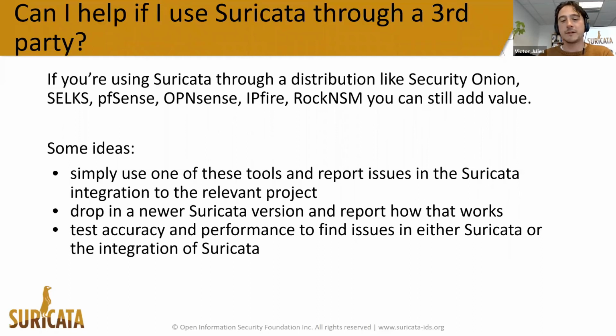If you already found issues or documented certain upgrade gotchas, it would be very helpful to the larger community. In general, any accuracy and performance testing that says something about either Suricata or the way it's being integrated is already very useful.